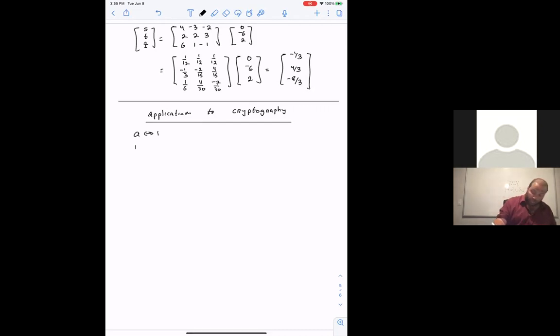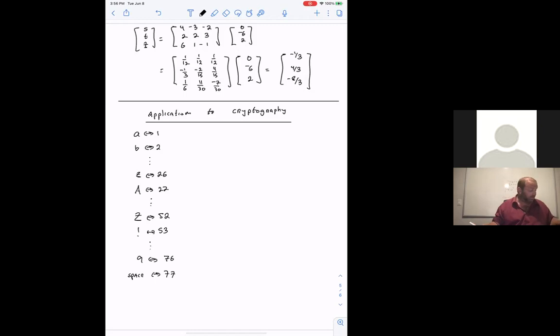A is 1, B is 2, all the way down to Z being 26, capital A 27, all the way down to capital Z being 52, and then the exclamation point is 53, and lots of other symbols, all the way to the number 9 being 76, and a space being 77.